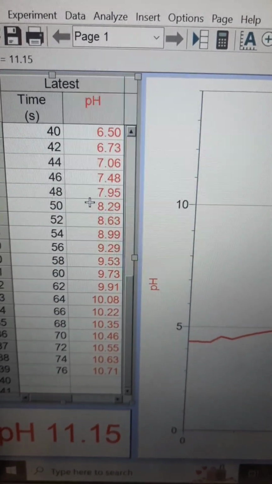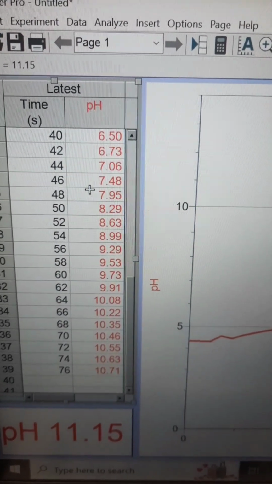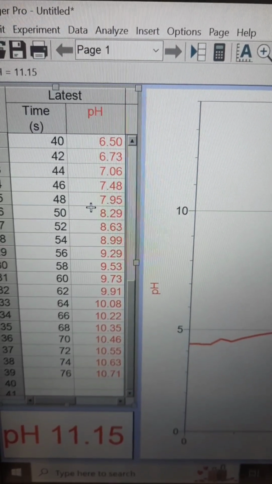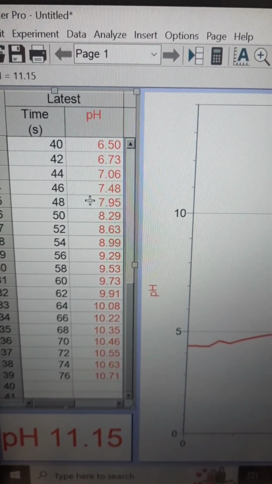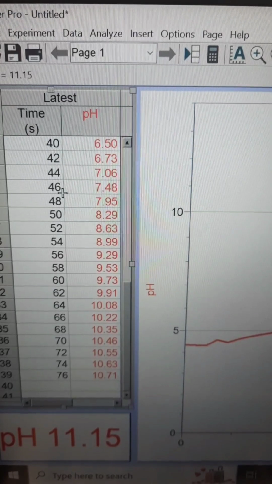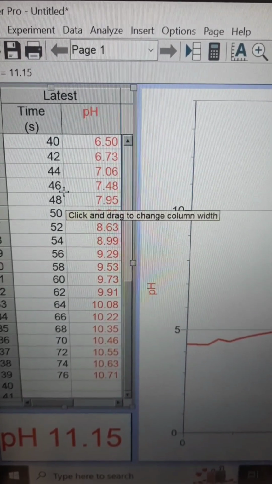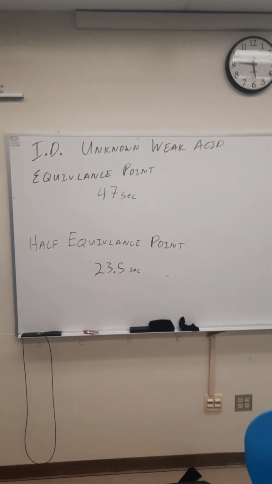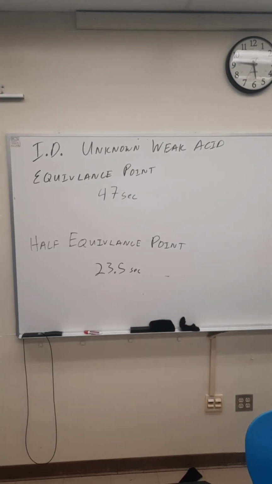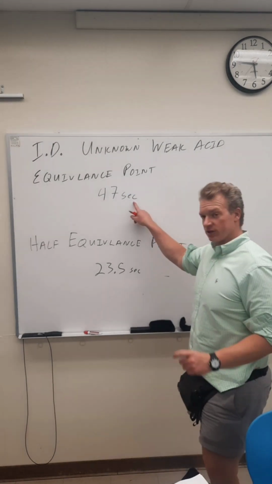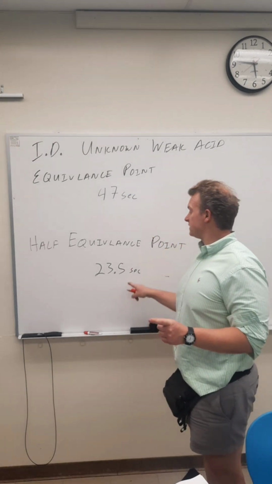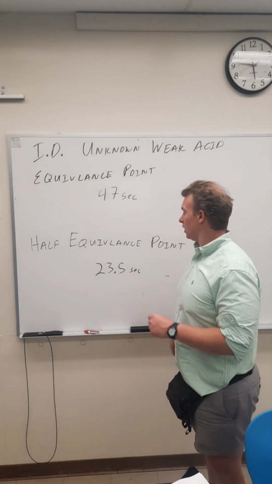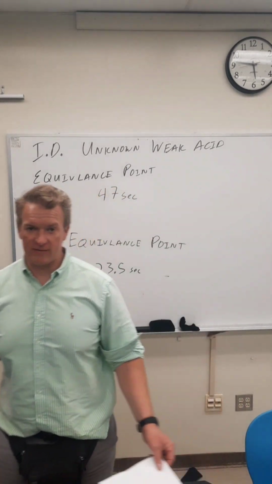After looking over these numbers closely, this appears to be the greatest change in pH between any two data points. So that means at 47 seconds, we had the greatest change in pH, and that represents the equivalence point. That means that the half equivalence point occurred at 23.5 seconds.